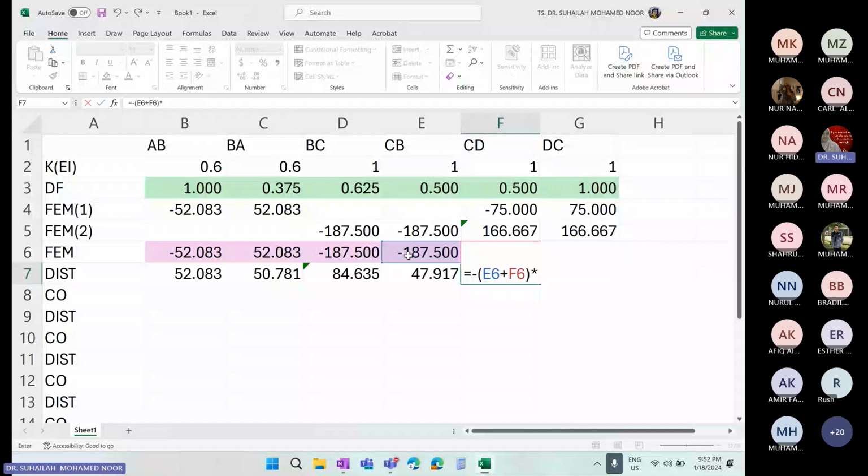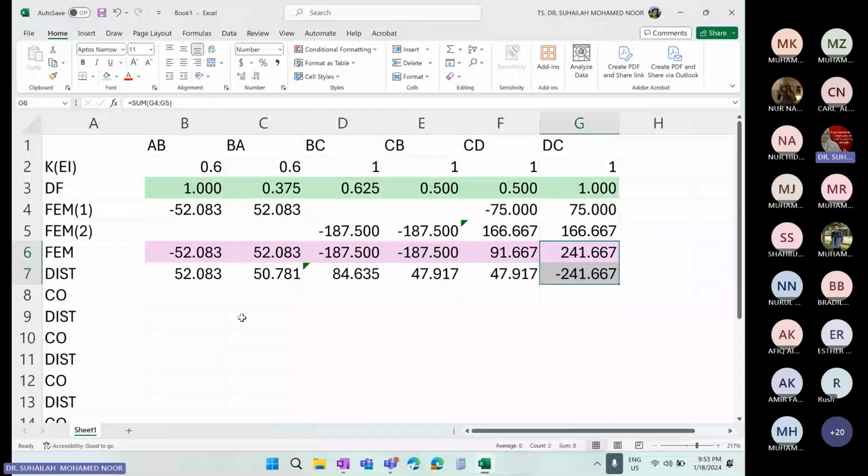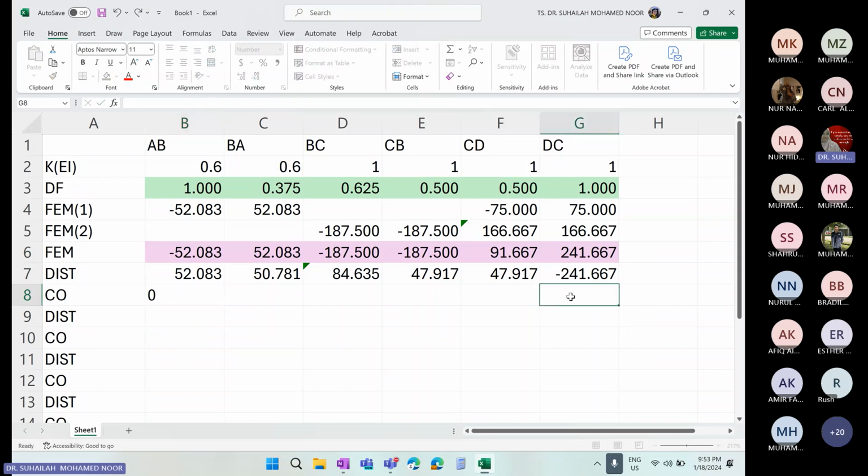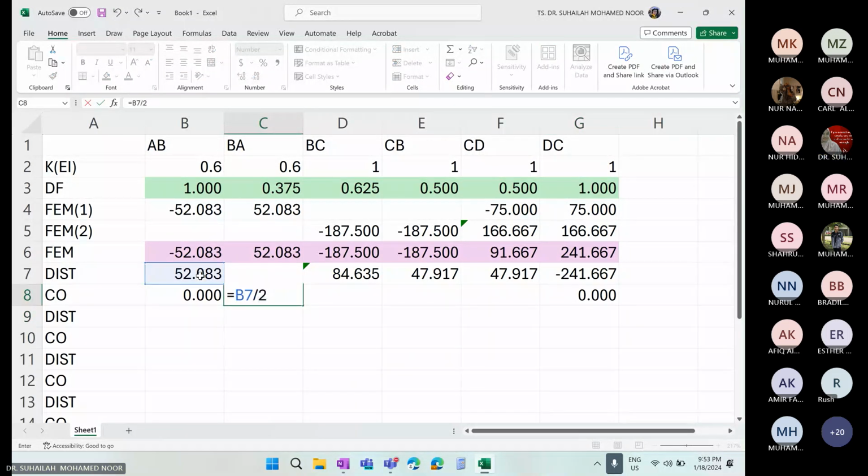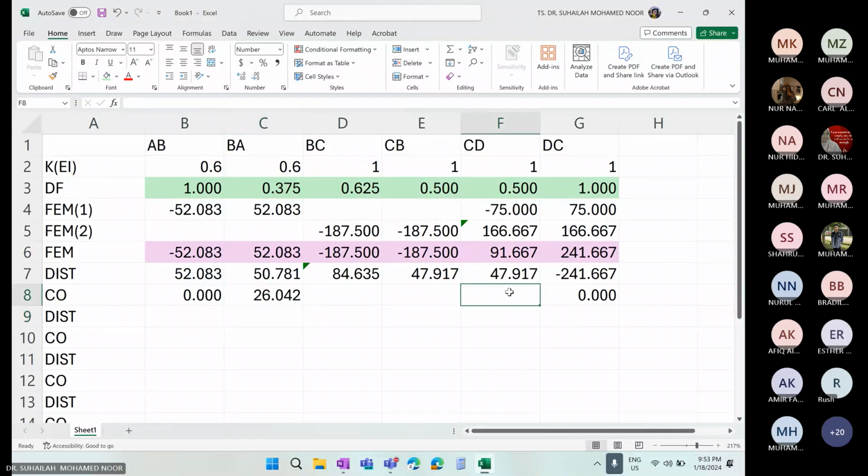For carryover, remember, we have to cross boundary, and at A and D the factor is 0, so this is 0 and this is also 0. Now we carry the value across the boundary.